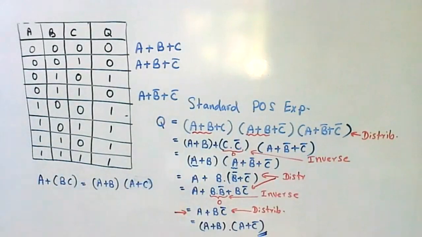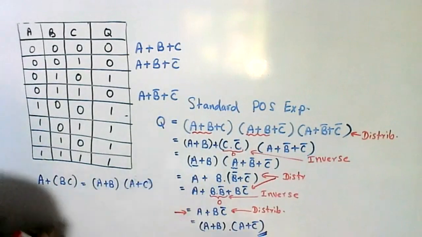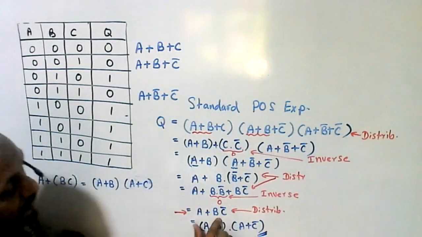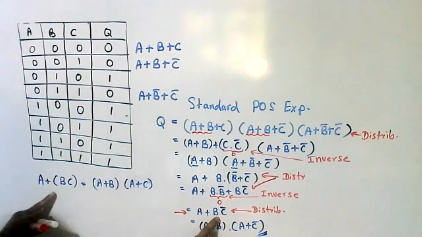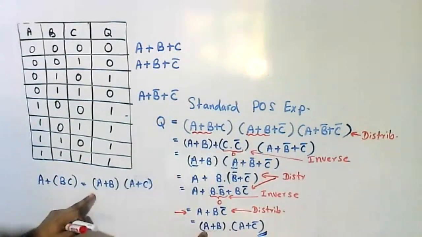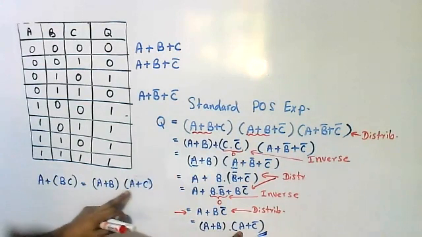While simplifying a POS expression, we may get an SOP expression, but finally we have to convert it into a POS expression again. So here also we used the distributive law. See here, A plus BC bar, then we can write A plus B, A plus C bar. Clear?